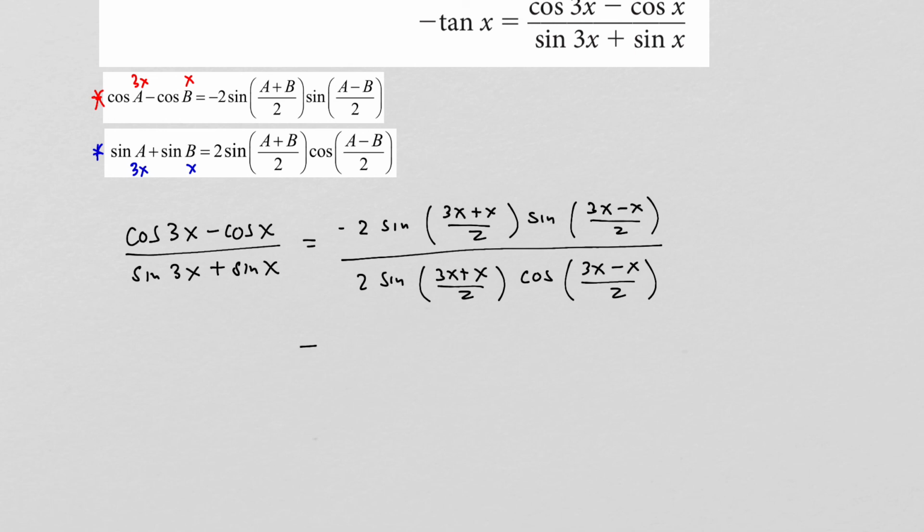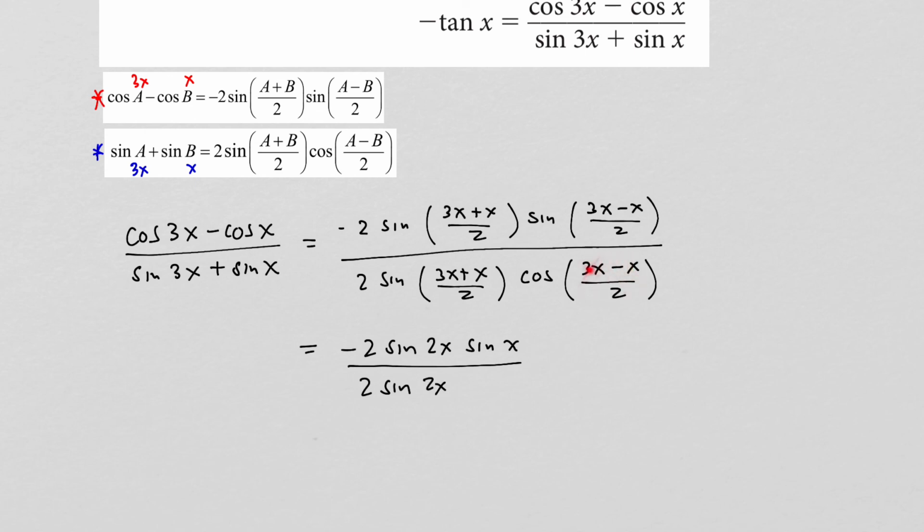And so what we have in the numerator is negative 2 sine of 4x divided by 2, which is 2x, times the sine of 2x divided by 2, which is x. And in the denominator, we have 2 times the sine of, once again, 2x here.